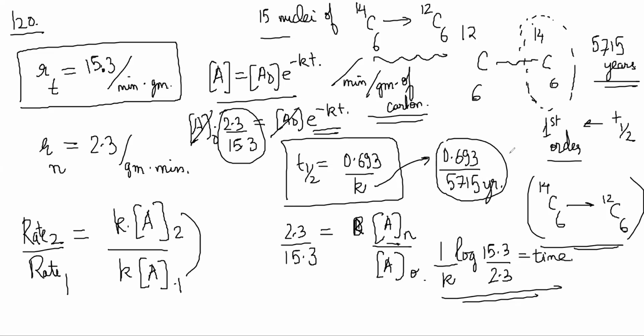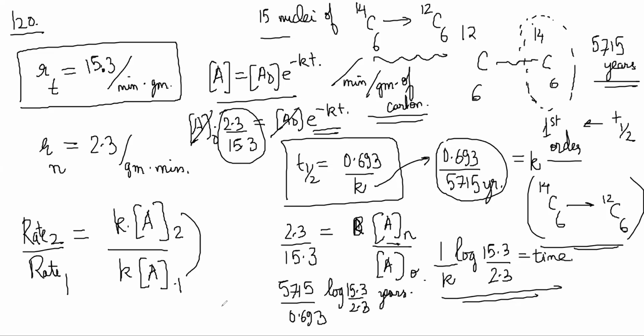So this is your k. When you do 1 by k, it will come out in years. So 5715 by 0.693 log 15.3 by 2.3 years. That should be your answer.